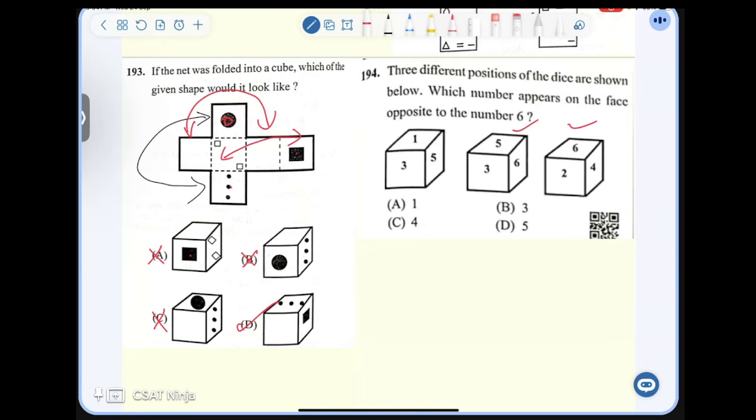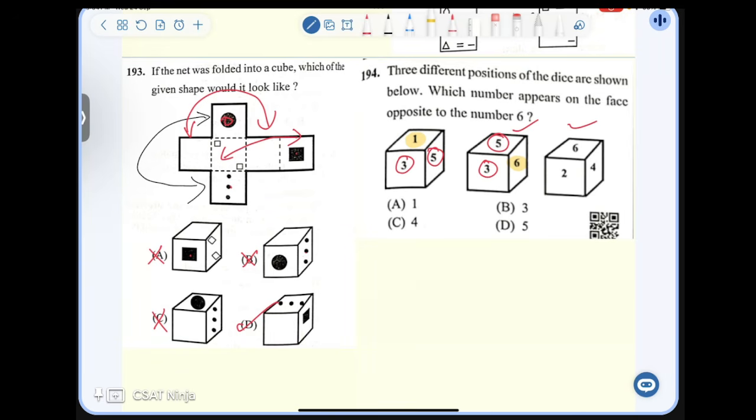But one idea: if you have two faces the same, then always remember that the third sides are opposite to each other. So you have 3 here, 3 here, 5 here, 5 here, which means 1 and 6 will be opposite to each other.